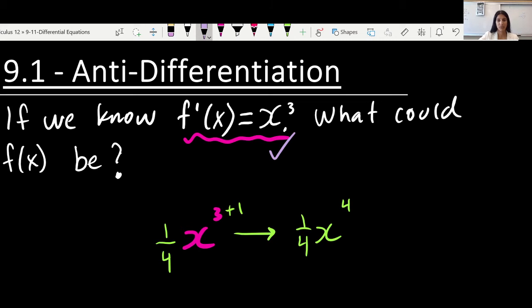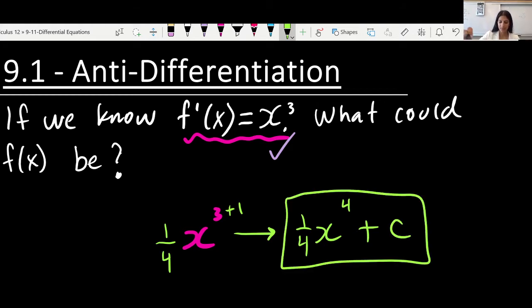And I would be left with just the x cubed, which is what we started with as the original derivative. So in order to account for that part, the best way for me to write this would be 1 quarter x to the power of 4 plus some constant c.